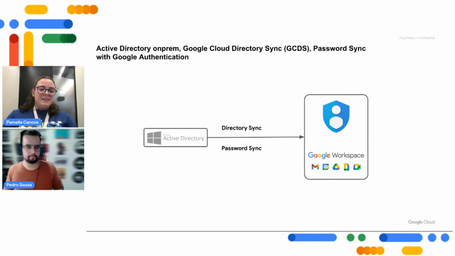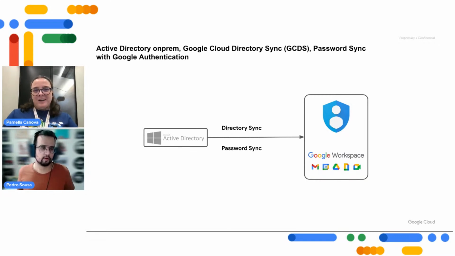But for password sync, we will need one for each domain controller that has writing permissions. So if you have lots of domain controllers and you want to sync password from on-prem, you have to use the password sync in each domain controller you have. So this is, I would say, the traditional way of doing this, and it's the one that requires more resources because you probably need a virtual machine or a physical server to install them.